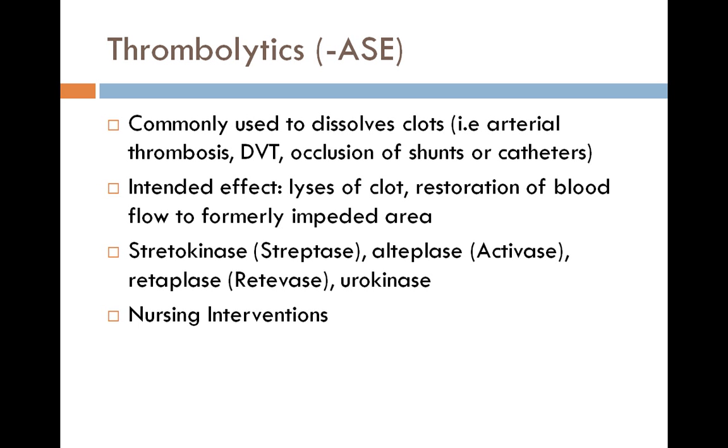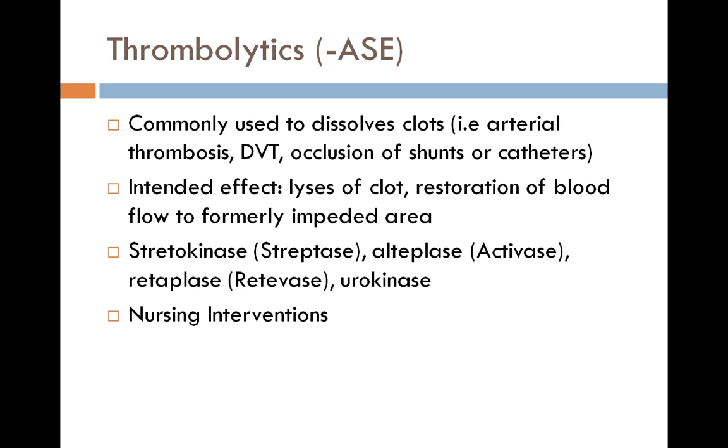What we have to remember, another little segue, we have anticoagulants and thrombolytics. So what determines the use of either one? Anticoagulants are prophylactic medications. We give these medications to make sure that a person does not develop a clot.